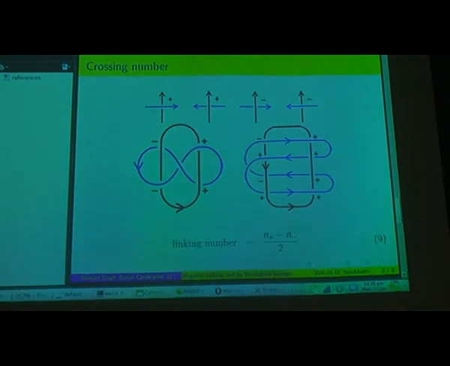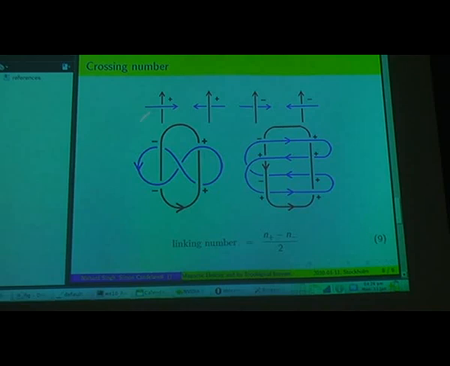Okay, now this is a bit different than what I told before. This is a very handy way to calculate the linking number of two independent rings. Basically, you just draw these diagrams here, and then you calculate the number of crossings.